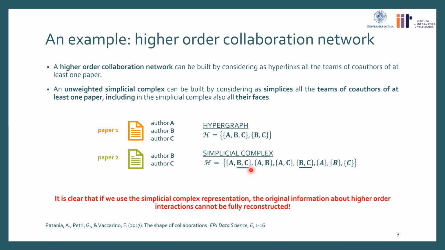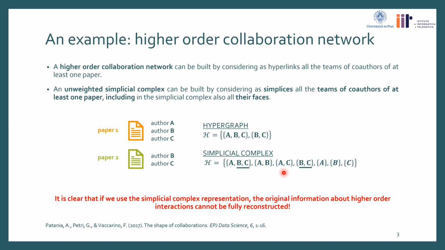Indeed, for example, here you have that the edge BC is there because there is actually a paper, a two-author paper authored by just the two of them, so author B and author C. But for instance, you give the same importance to the edge AC, even though A and C did not co-author a two-author paper together.